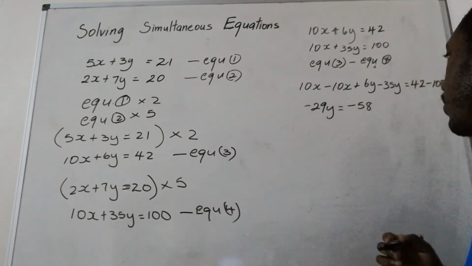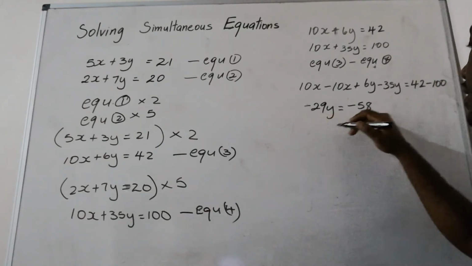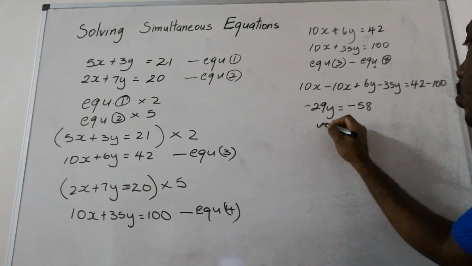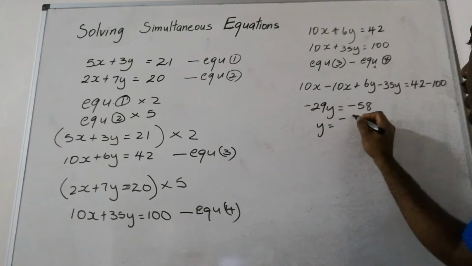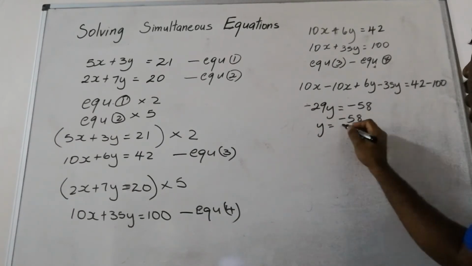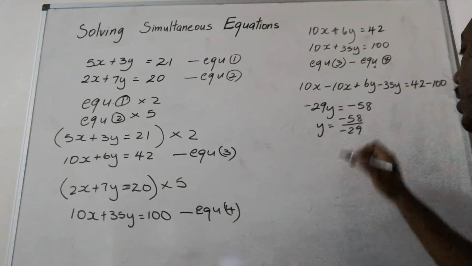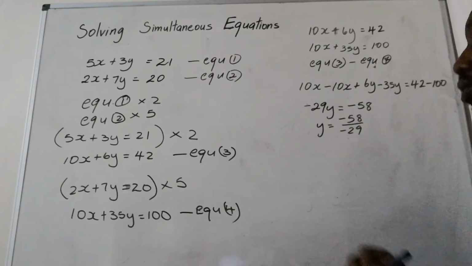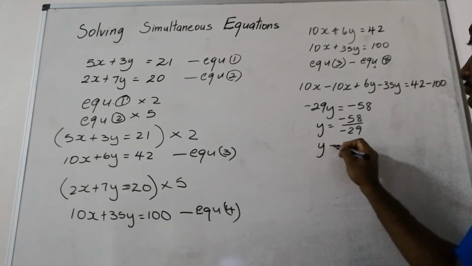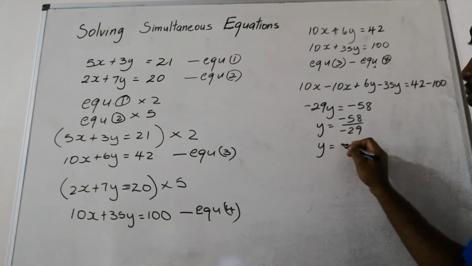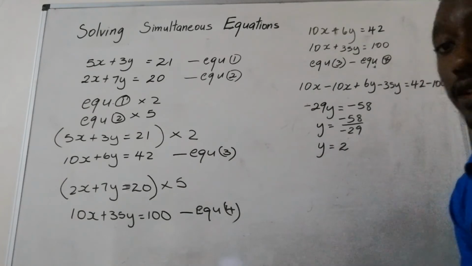So if negative 29y is equal to negative 58, y will be equal to negative 58 divided by negative 29. Negative 58 divided by negative 29, y is equal to positive 2. So we have our value for y.